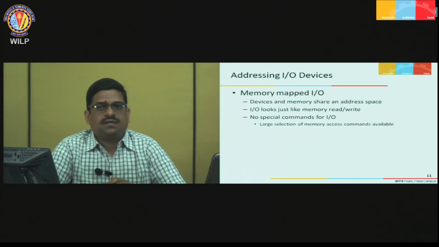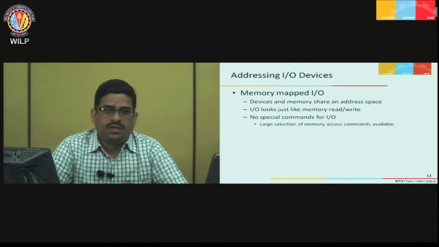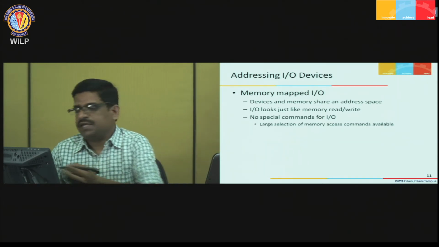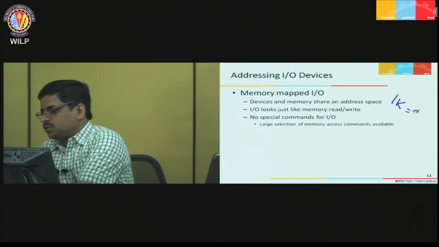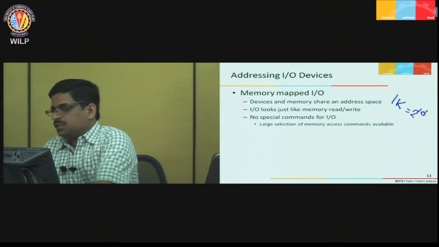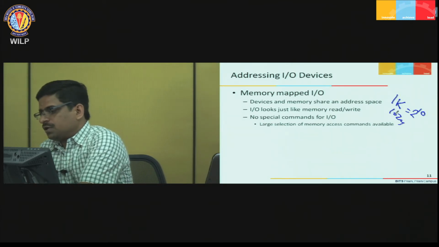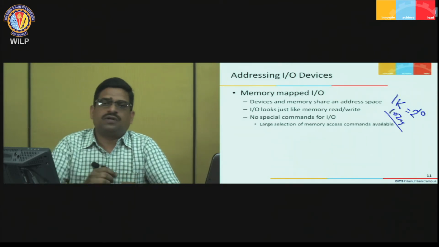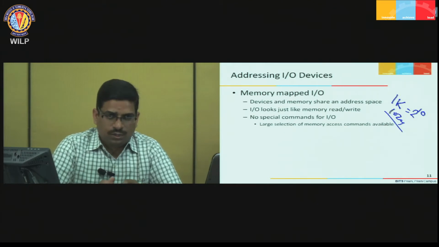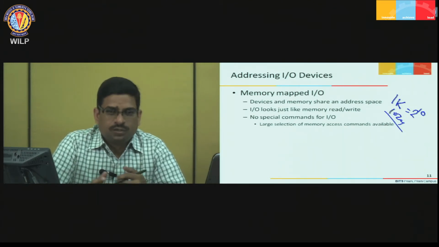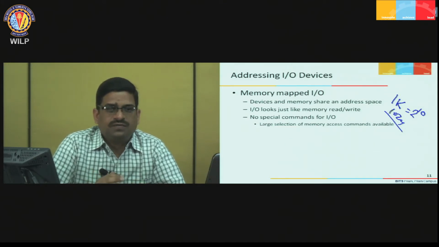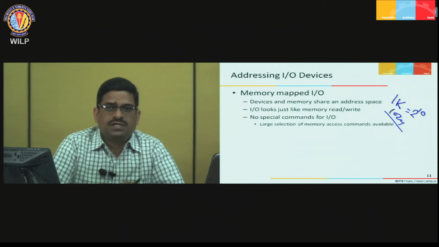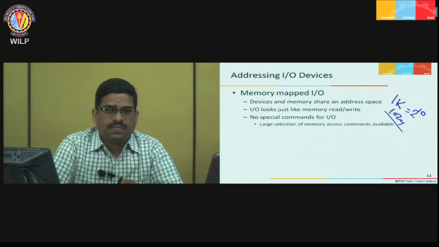Let us say 1K locations, which means 2 raised to power 10, so a total of 1024 addresses. Out of 1024 addresses, let us say 512 addresses are used for addressing or storing data and instructions in the memory, and the remaining 512 addresses identify the IO devices. These are reserved for the IO devices. So the same address space is used.